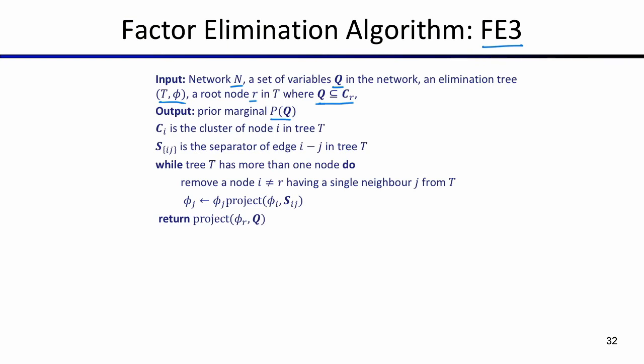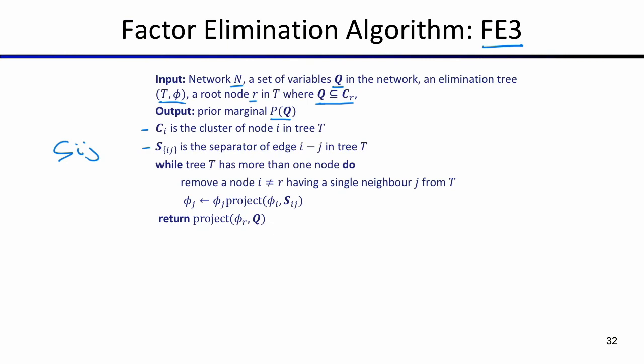First, just to clarify, we have C_i, that is the cluster at node i in the tree, and we have S_ij, so there is a typo here, it should be S_ij. It is the separator of the edge ij in the tree. And the algorithm is basically the same thing. We're just going to make use of the idea of the cluster and separators.